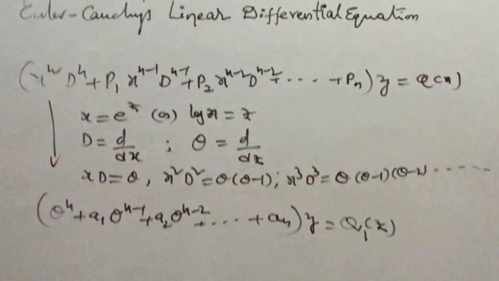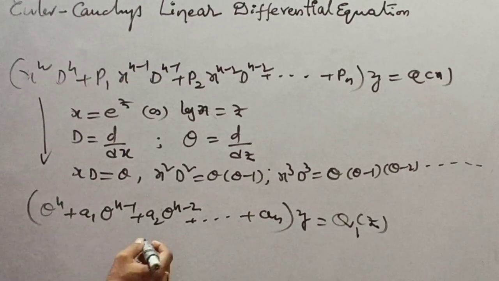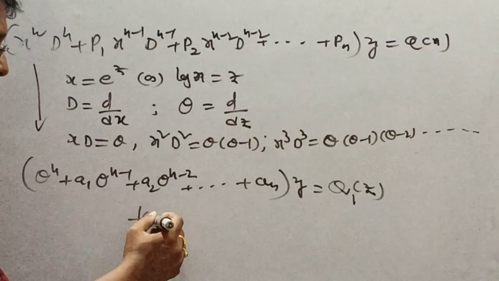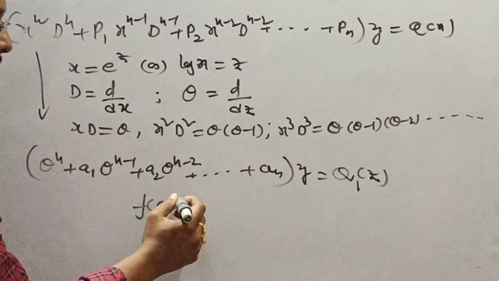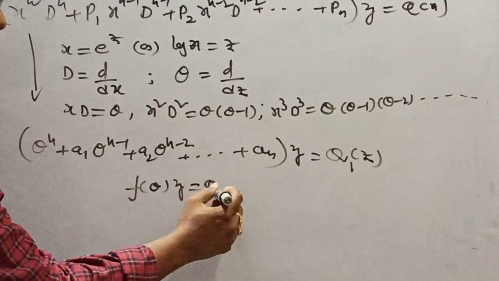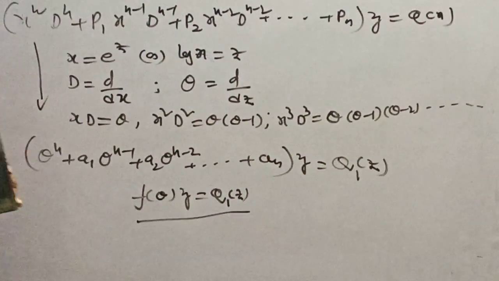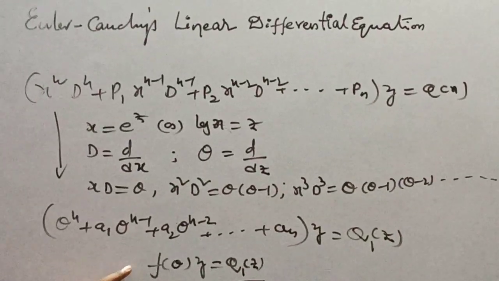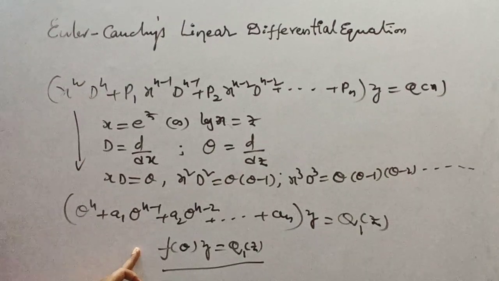Okay, so we have a differential equation with constant coefficients with respect to z, that is f of theta of y equal to q1 of z. Now you can solve this equation by knowing the complementary function and a particular integral.